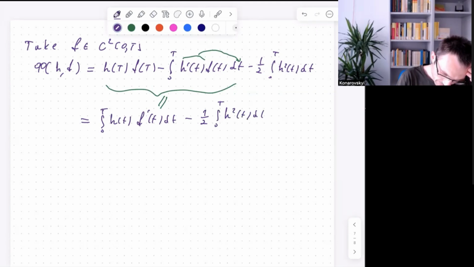And then you will have minus 1 over 2 the integral from 0 to T of h squared of t dt. After that, you can use the inequality that I believe is well known to every one of you, ab is less or equal than a squared divided by 2 plus b squared divided by 2.